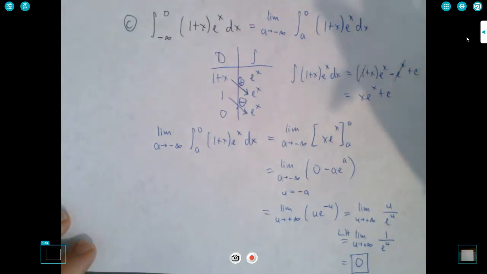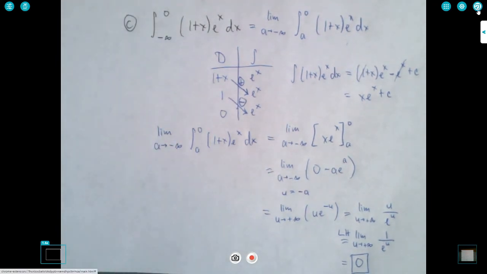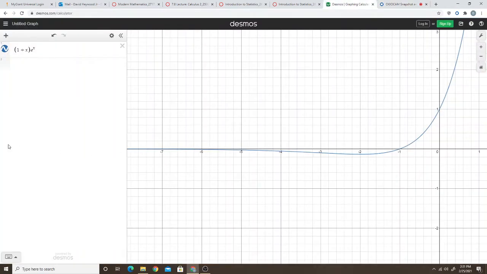But there you go. This one I want to take a look at in Desmos real quick because I think it's interesting, right? So here we have (1 plus x) times e to the x, from negative infinity to 0, and we got 0. So what that tells me is that, notice that this part is above the x-axis, so this is a positive area. This part's below the x-axis, so it's a negative area.